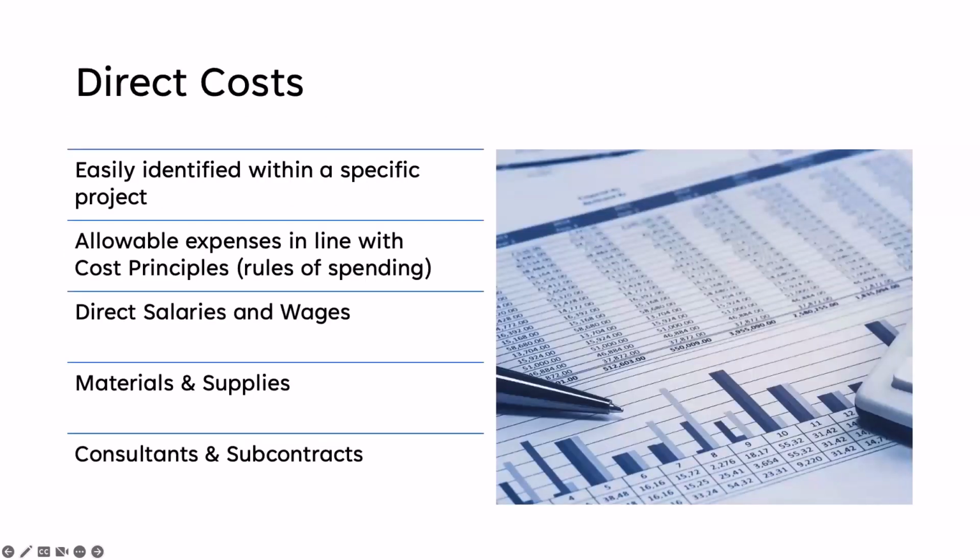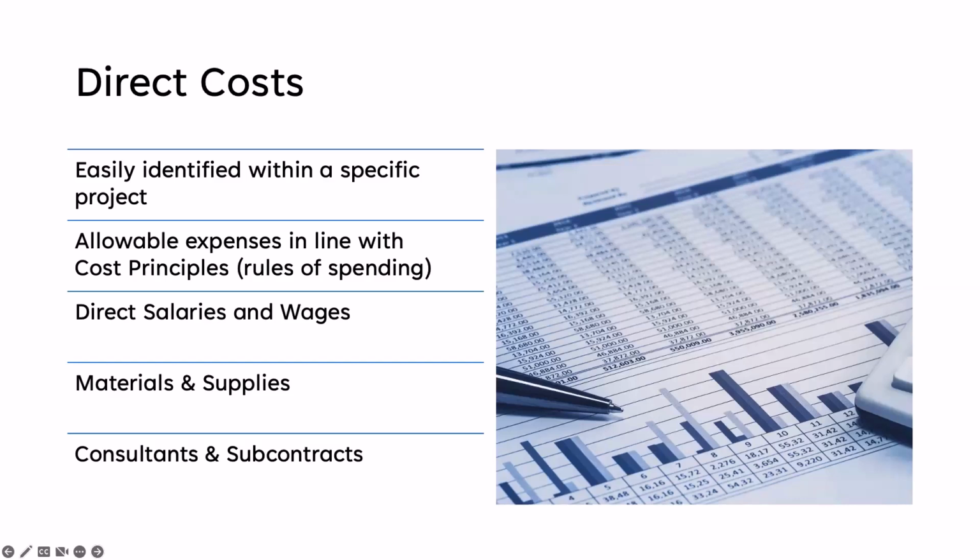Direct costs. Now, this is something that's easily identifiable with your specified project. They are allowable expenses in line with the cost principles, things like direct salary and wages, the people who are working directly on the project, materials and supplies. These are things that you're going to use directly in your project that are going to lead you to accomplishing the goals and mission of the project.